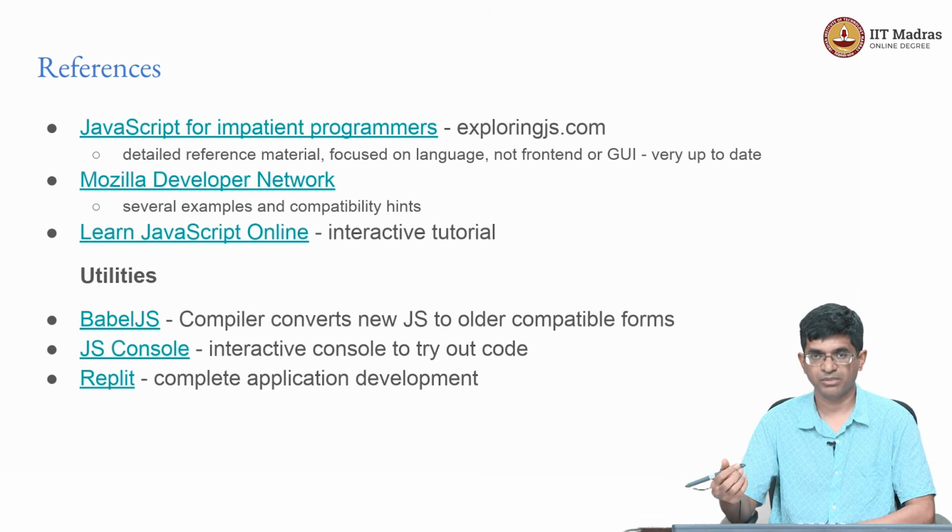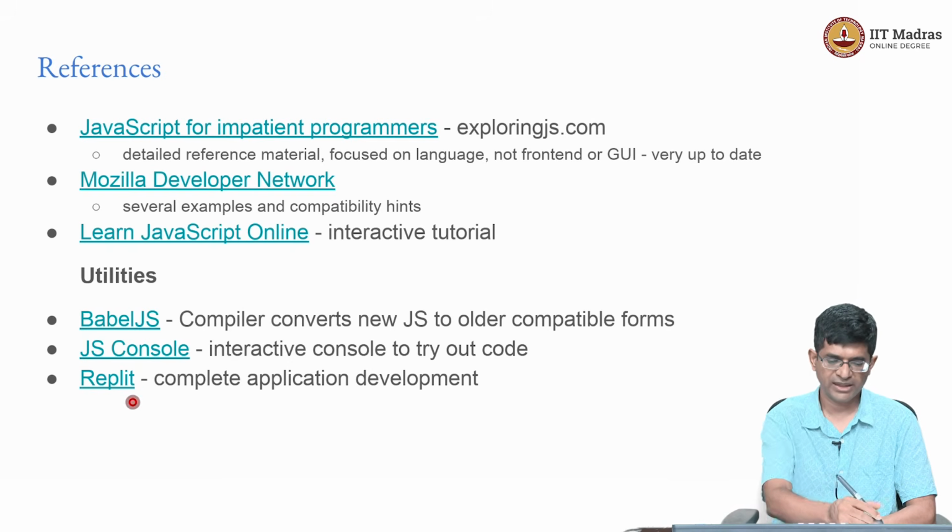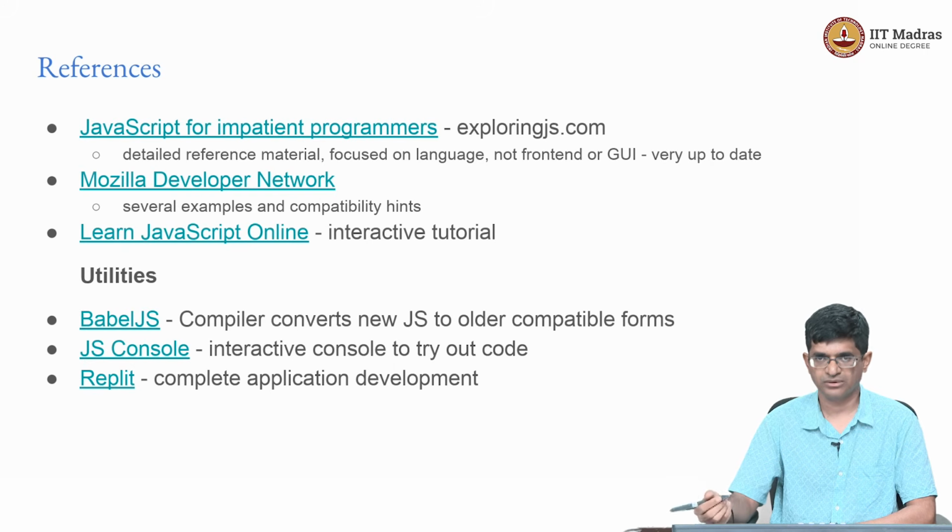Okay. And because Chrome is a browser that keeps fairly up to date with the latest versions of JavaScript and so on, it's actually a good way of testing out most of the features that are going to be supported in any reasonable modern browser. And of course, finally, Replit, right, which I will be using for some of the demos and has good support for working with JavaScript applications.